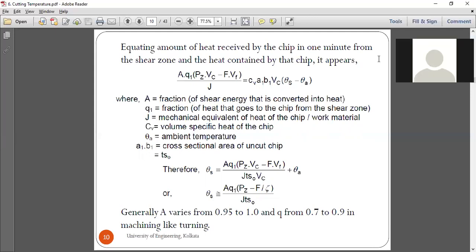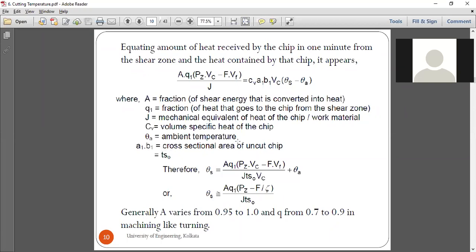Next is your Q1. Q1 is a fraction of heat that goes into the chip from the shear zone. J equals the mechanical equivalent of heat of chip and work material. CV is the volume specific heat of the chip. Theta A is the ambient temperature. A1, B1, as I told you, is the uncut chip thickness, and B1 is the width.